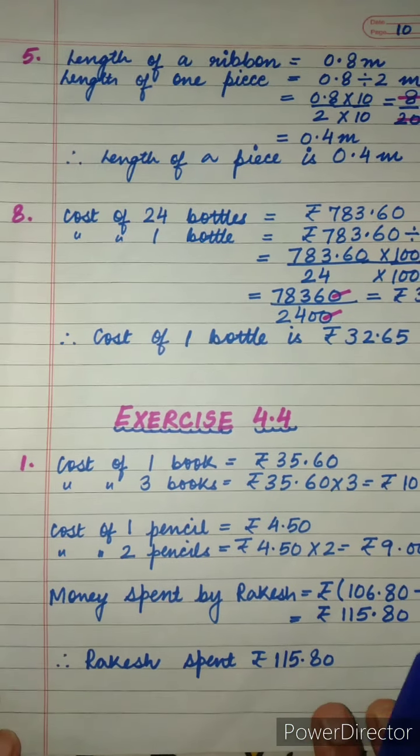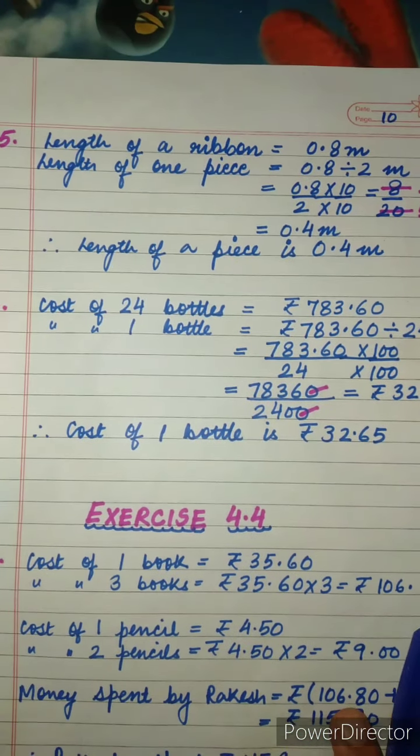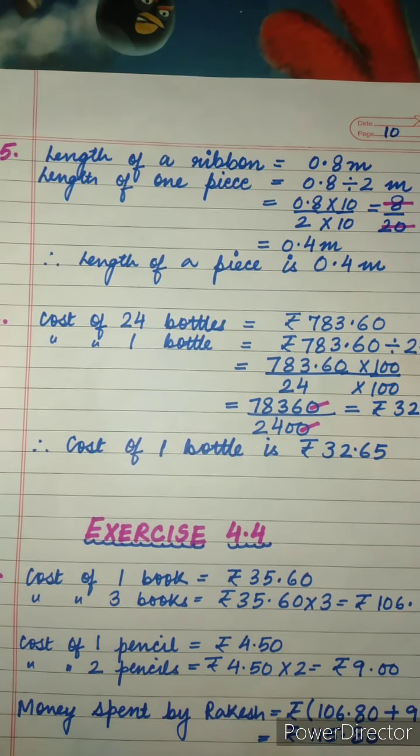Now word problem again. We have length of a ribbon given to us. The total length is 0.8 meter. We have cut this ribbon into 2 equal pieces, and length of one piece we need to find out. So how will you find out? Now you are given the length of the whole ribbon, and we have cut that into 2 equal pieces.